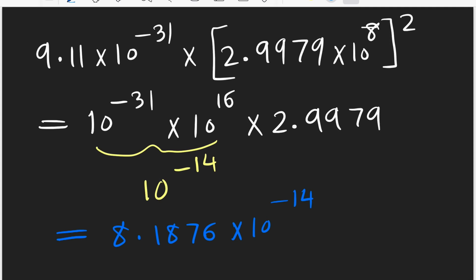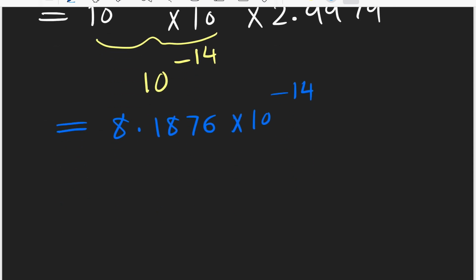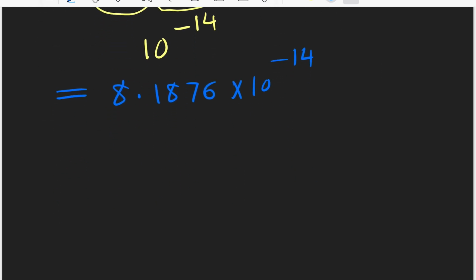But this is not true, because the factor with least accuracy in this example has only 3 significant digits. So the product should be accurate until 3 significant digits.